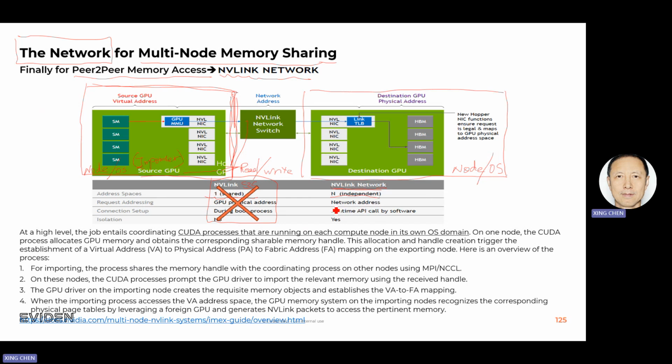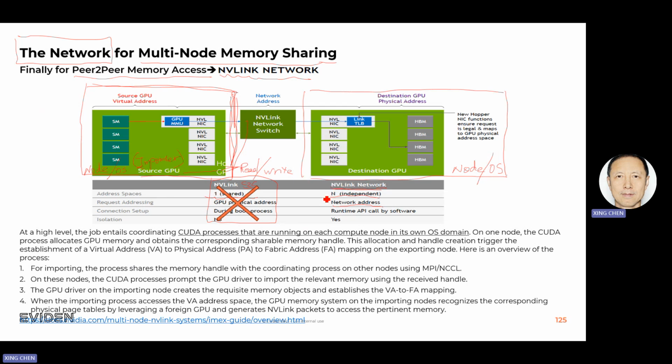Each node has its own network address. So a reference to the remote memory cannot be done by the physical address, because we have different physical address spaces for the left-hand side node and for the right-hand side node.